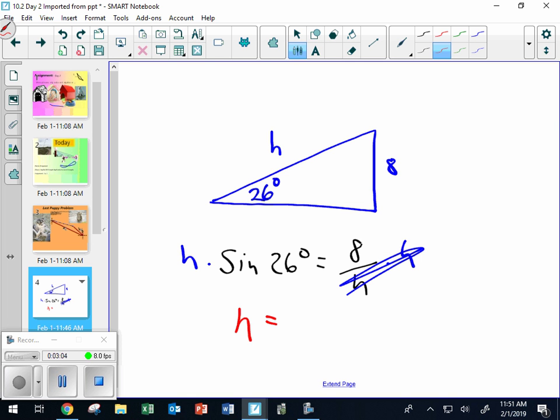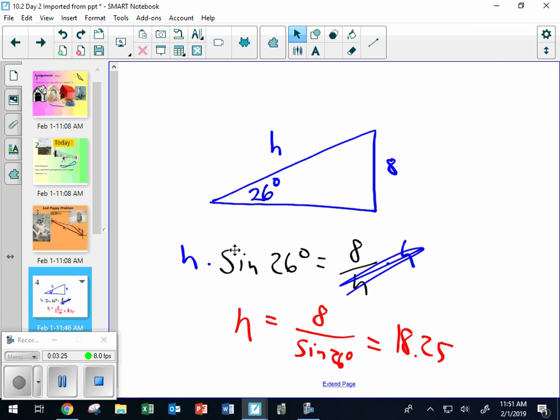Anybody verify 18.2? All right, a bunch of people are nodding their heads. If you didn't already do this, it should have been 8 divided by sine 26. And if your calculator is in radians, it won't be the right answer, of course. One last time, what'd you guys get? 18.25, so it all probably depends on where you round, but raise your hand if you had an answer like that. Okay, good. All right, so there's just plain old-fashioned trig with a right triangle.